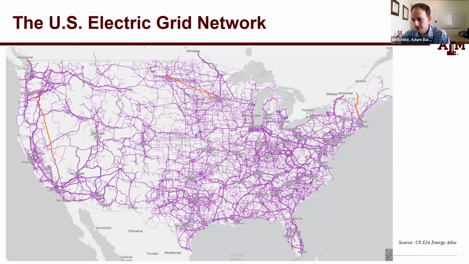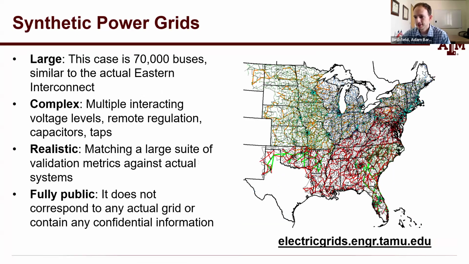Okay, I'm just going to start right at the very end, which is the following. If you look at this grid right here, this is our synthetic 70,000 bus US Eastern Interconnect grid. If you compare this to the previous slide or to some other knowledge of the actual electric grid, you might think, wow, we're able to release on our website the actual US Eastern Interconnect electric grid.